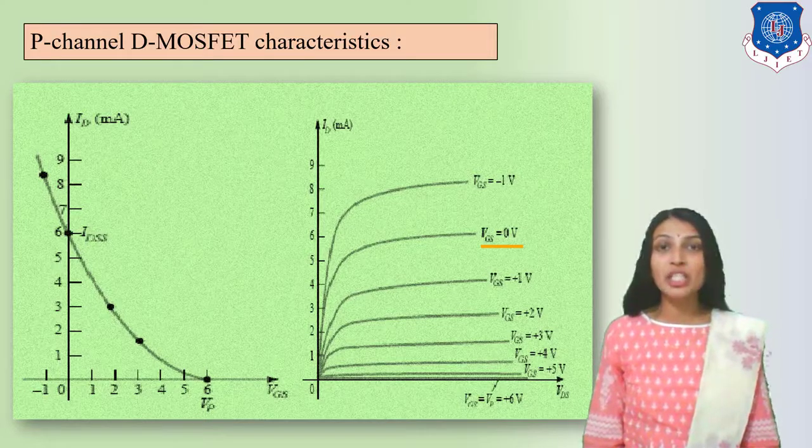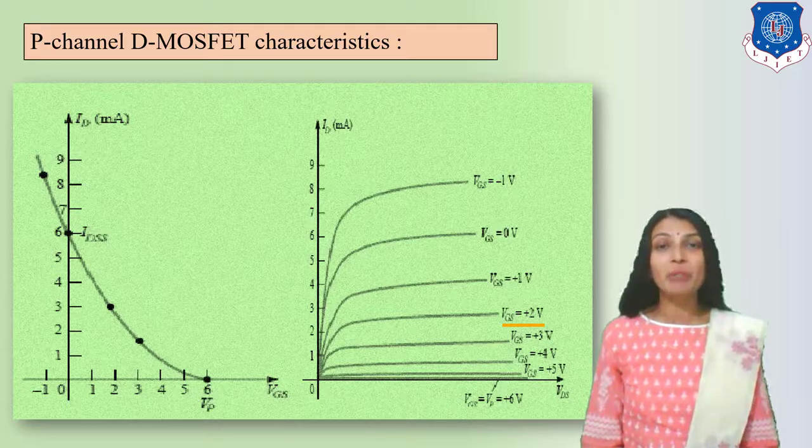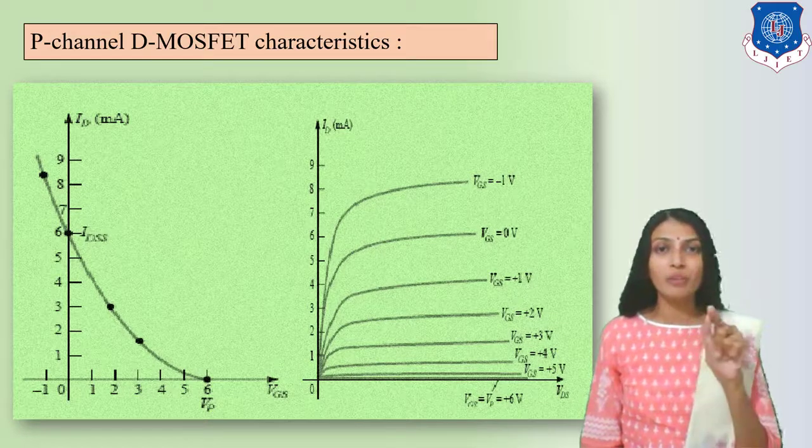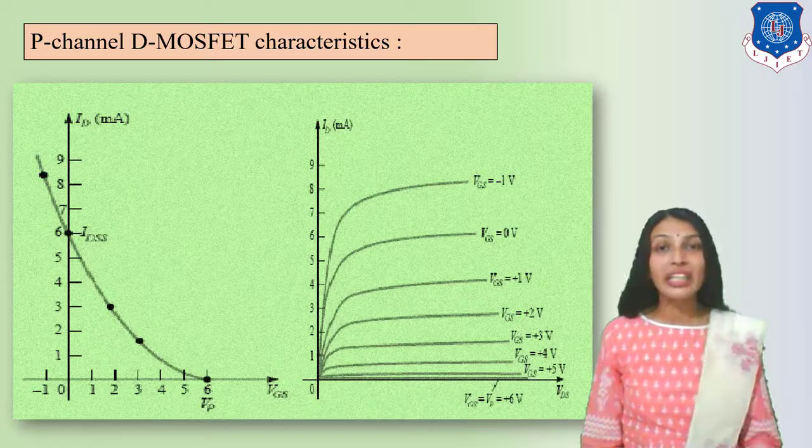There is no biasing, VGS is equal to 0, and therefore maximum current flows. So this is the graph for VGS equal to 0. If VGS is increased positively for case 2, plus 1, plus 2, plus 3, then electron hole pairs will be created due to the positive VGS, so free carriers will be reduced, and therefore the current will be reduced. The lower graph shows that current is decreasing.